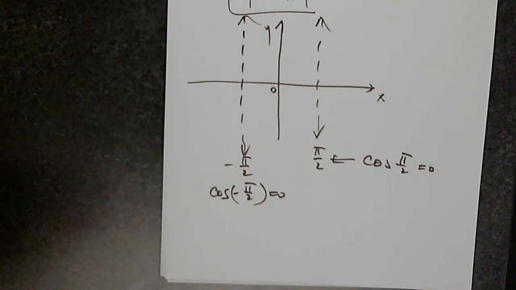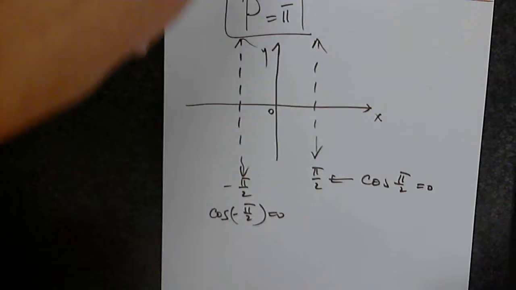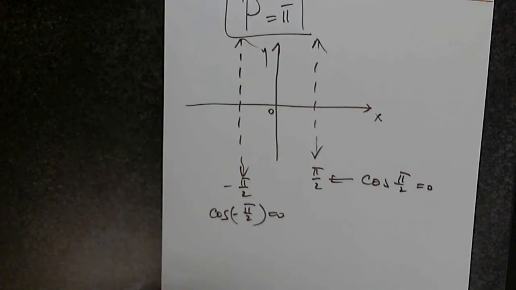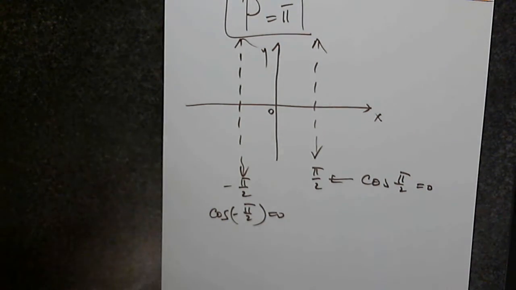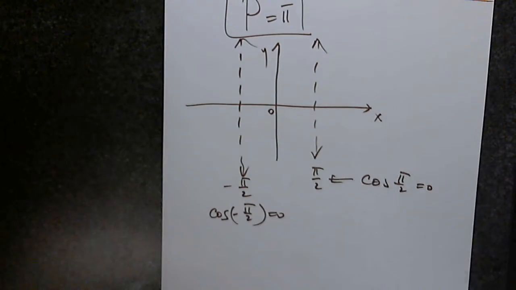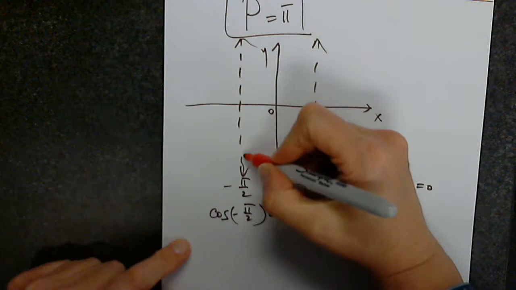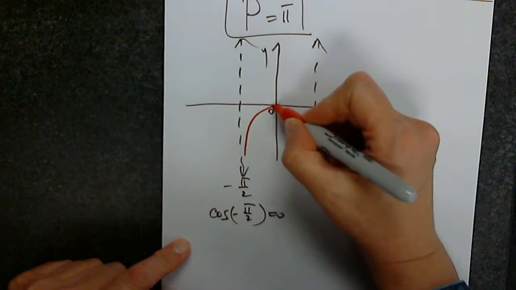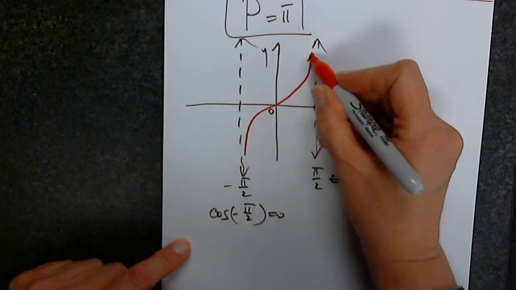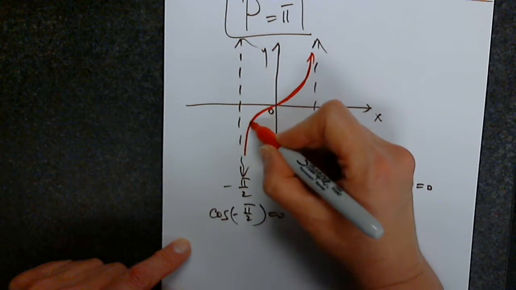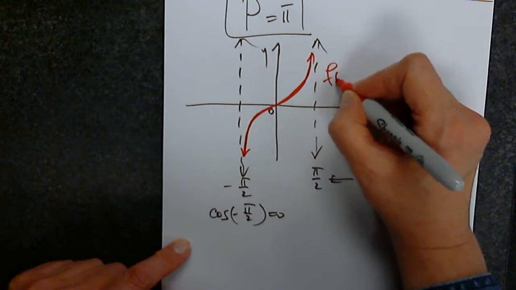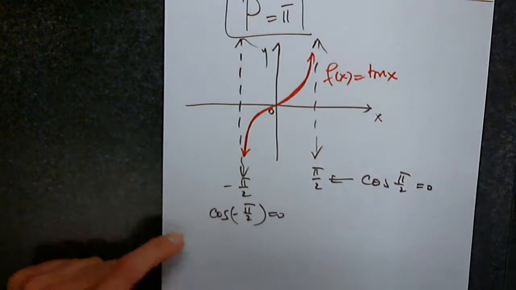And this will remind you of a function that we studied a lot in chapter 3. It's not that function, because that function does not have asymptotes, but it's very similar looking. So this is f of x, tangent x.